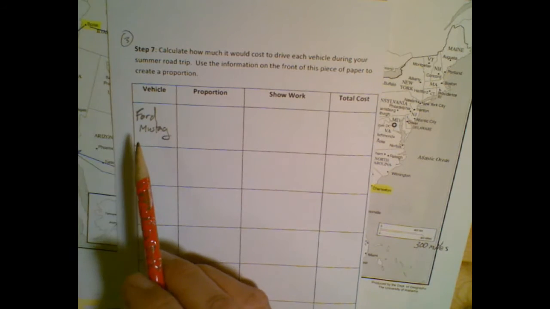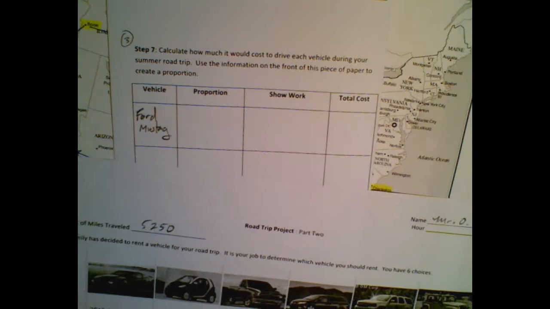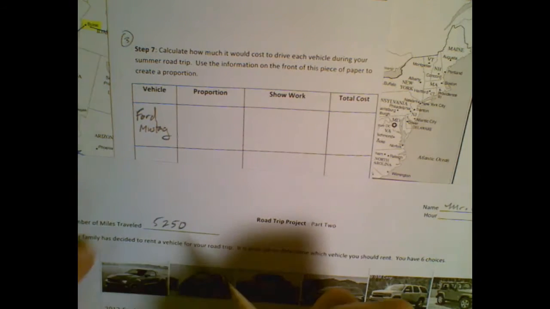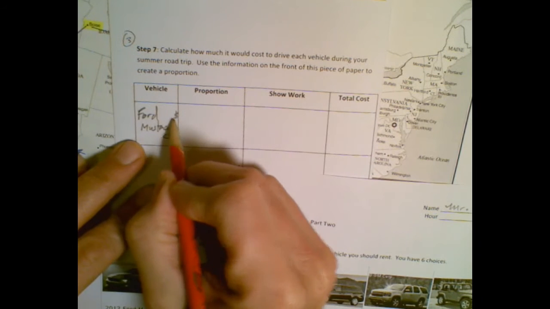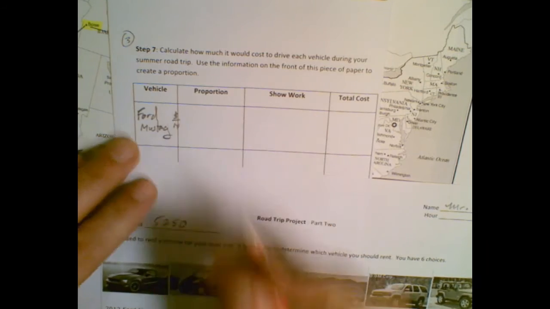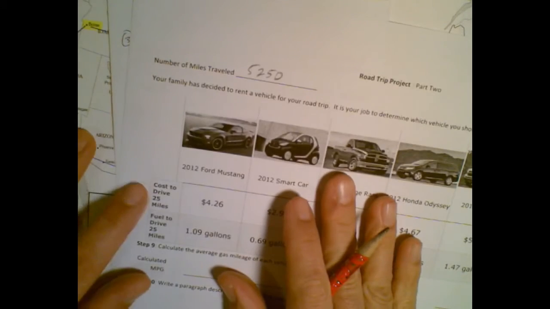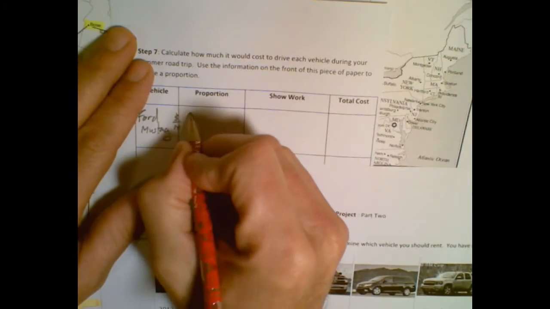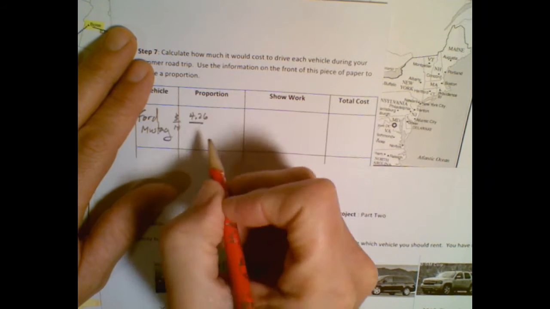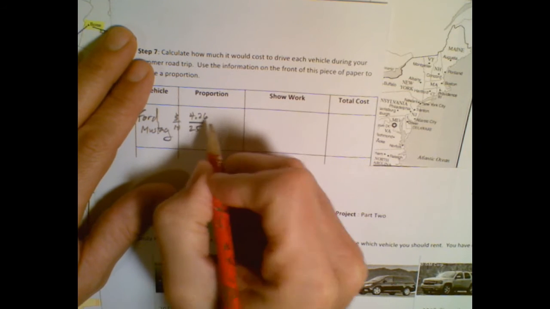And the Ford, let's first figure out what the cost is going to be for me to drive on my trip, the Ford Mustang. And the proportion. So I'm going to want to use the cost per mile. And according to this, it takes $4.26 to drive 25 miles.